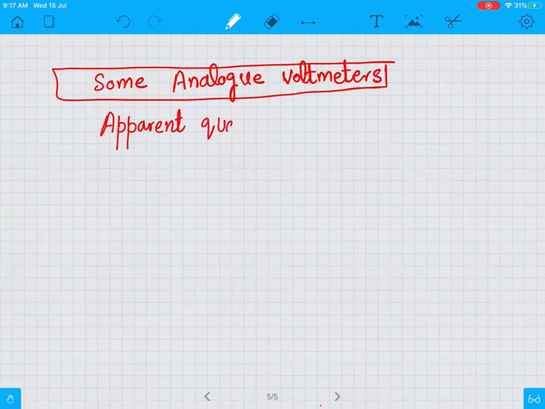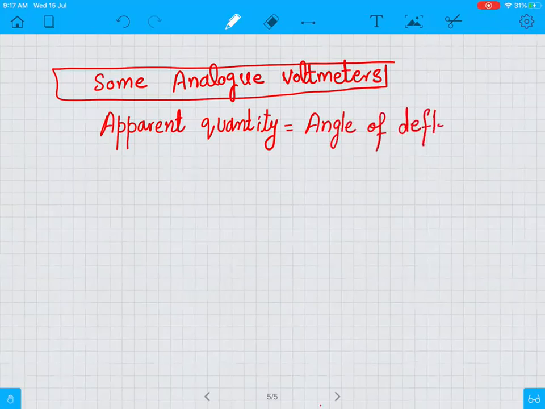For any analog instrument, the apparent quantity is the angle of deflection moved by the pointer.